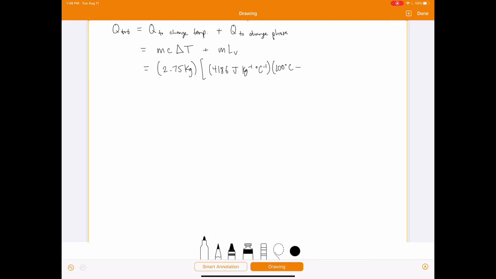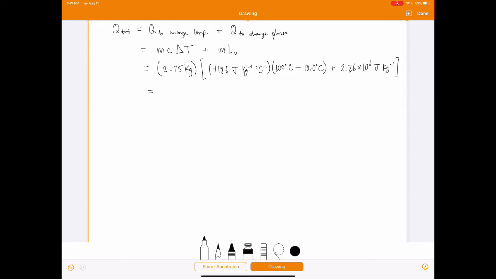That's our final temperature, minus 10 degrees Celsius, which is where we started. And then finally, I'll just add to that the latent heat of vaporization, which is 2.26 times 10 to the 6 joules per kilogram. Because I took the mass out to the front already.